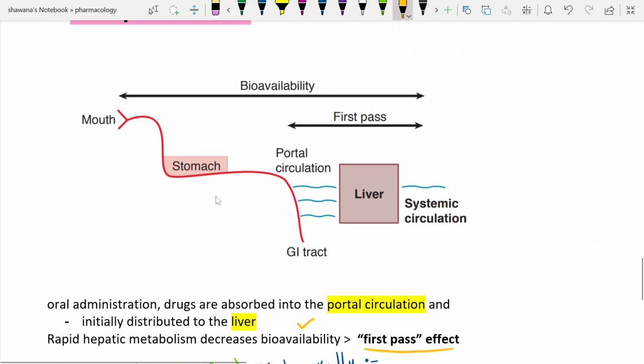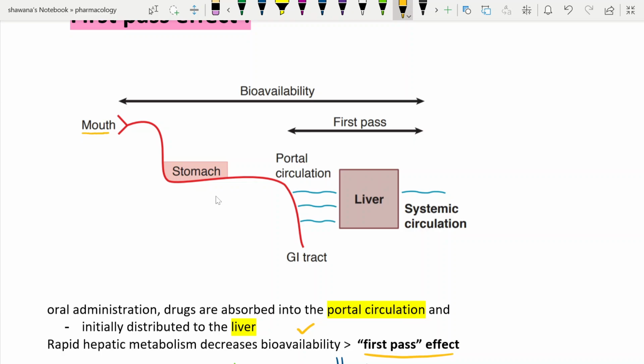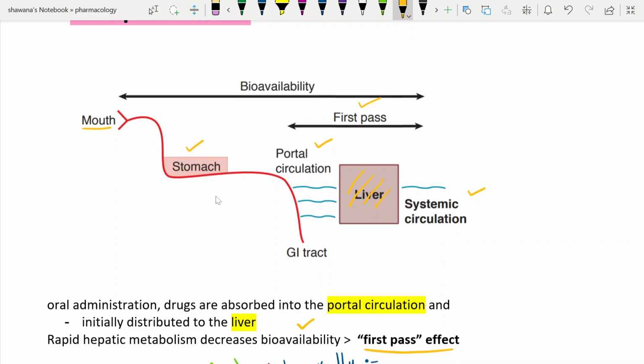So, in this diagram, when we take a drug orally per os, it reaches the GIT, then it goes into the portal circulation, then it passes through the liver and appears in the systemic circulation. What would you think? Of course, the fraction of the dose decreases. It is the first pass effect, when the drug passes through the liver, hepatic metabolism.